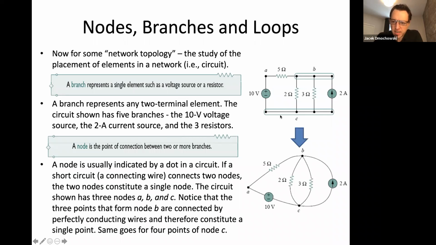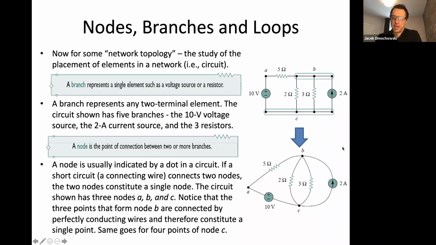And so the reason that we define these concepts is because circuits can be redrawn. So as long as you keep the same connections between every element, you can redraw your circuit in whatever geometry you want, right? So this is not an example of a redraw that would be useful, but there are many instances in this class where reshaping the circuit is beneficial to solving it.